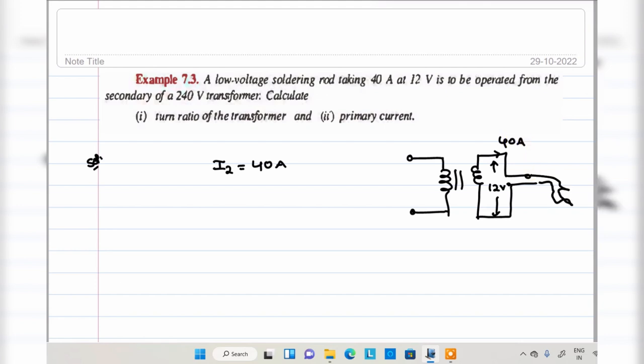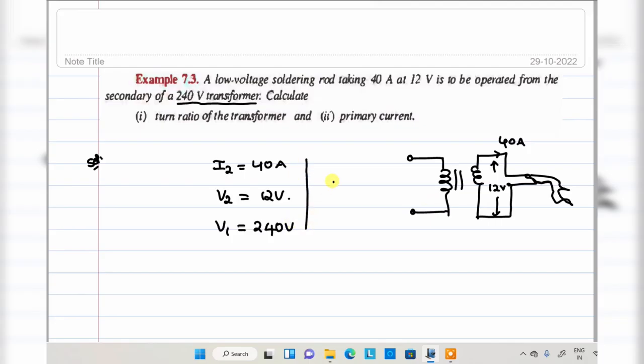So what about V2? V2 is equal to 12 volt. It is operated from the secondary side. It is operated off a 240 volt supply. That means what is V1? 240 volt. Got my point?